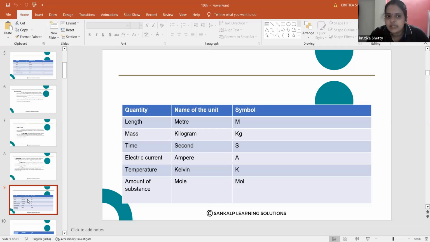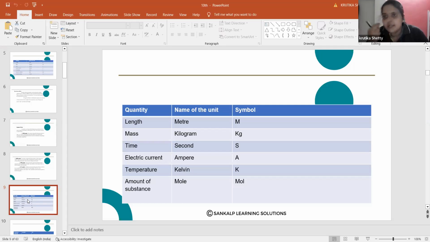So here you can see I have taken the fundamental quantities. You can see the length is expressed in terms of meter. This is the SI system. In MKS also meter comes, so the SI system is almost adopted from MKS.